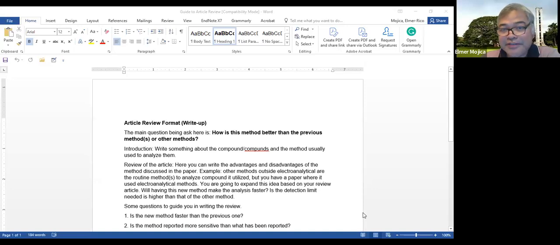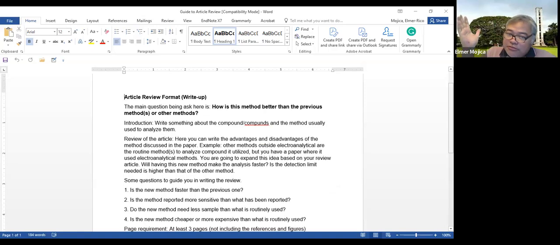So the main reason why you want to do the article review is to see how the method you're reviewing is better than the previous methods or other methods. When you say other methods, you don't need to just compare it with another electroanalytical method. You can compare it with a spectroscopic method, LCMS method, or chromatographic method.